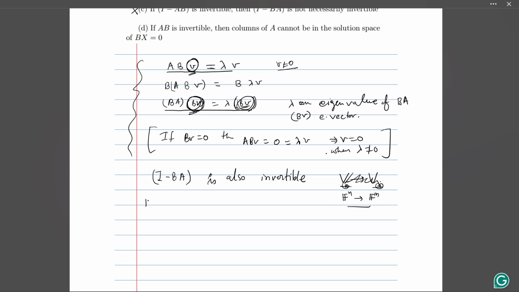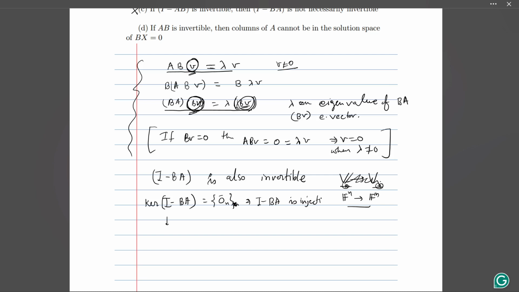So I'm just going to say the kernel of I minus BA is trivial, just the zero column vector. Okay, so this will imply that I minus BA is injective.